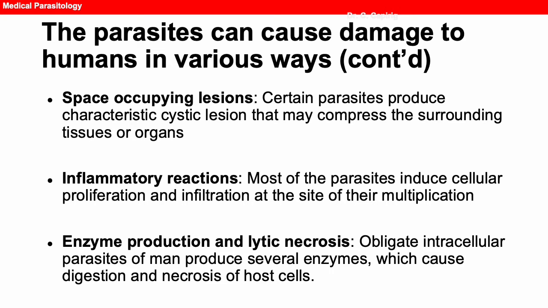Some obligate intracellular parasites of man produce several enzymes which cause digestion and necrosis of the host cell. When we say necrosis, it is the destructive cell death of a mammalian or human cell. It is in contrast to apoptosis, which is the programmed cell death.